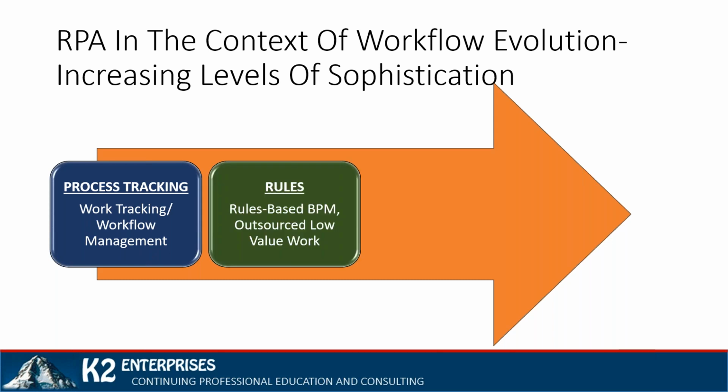Next, we go to doing rules-based business process management. We take low-value work and outsource it or automate it. It's very interesting, I read today, I believe in the Wall Street Journal, an article about how in Oregon, the AFL-CIO has come out and said that, because they've been successful getting a higher minimum wage in Oregon, and guess what? There are fewer jobs.